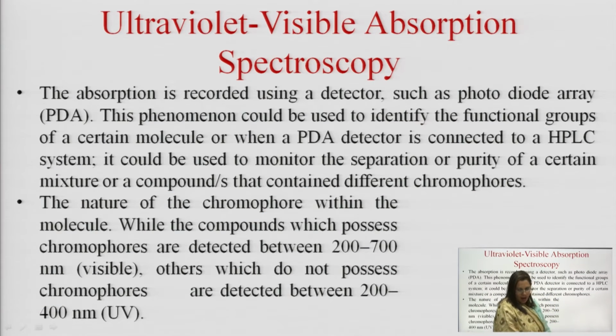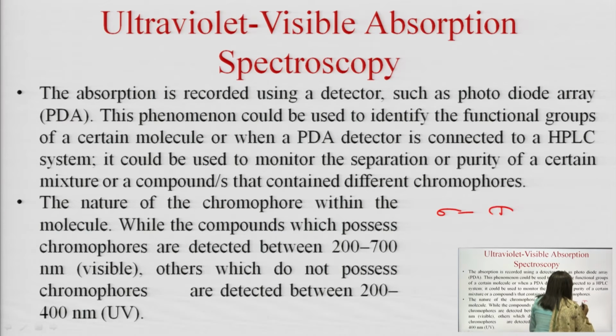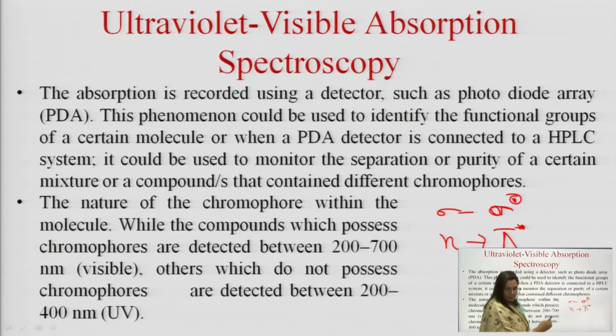There are many transitions of the electron at the electronic level. The most common and the most large energy taking transition is from sigma to sigma star. Then we have the transition from n to pi star. We have transitions from the pi bonding to pi anti bonding.